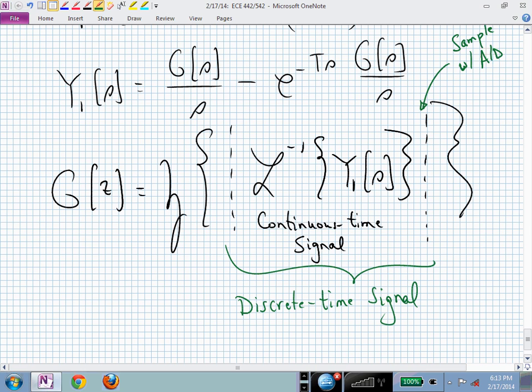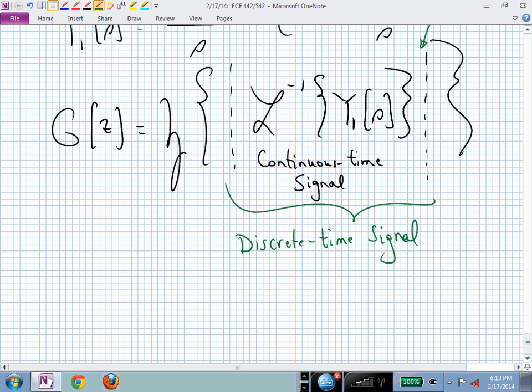Now, like I said, you may not want to be playing with this all the time. These dashed vertical lines, this script L inverse, let's just agree to define that away. So let's just say that capital G of z, now by definition, when we do this zero order hold equivalent, that's what that triangle means. Now I'm defining it.